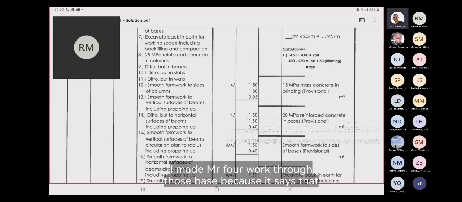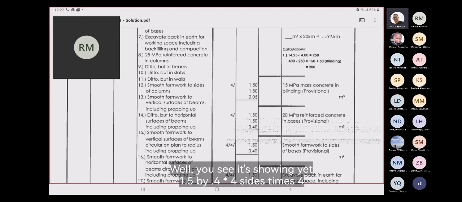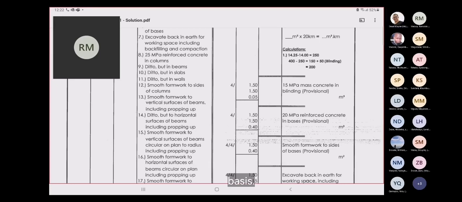We measure our formwork to those bases because it says that the bases need to have formwork, and it's smooth formwork. I repeat and I reiterate, smooth formwork. The size of bases, provisional, is 6 meter by 0.4 by 4. Or, as you see it shown here, 1.5 by 0.4 times 4 sides times 4 bases.